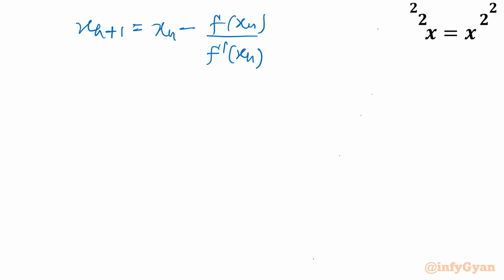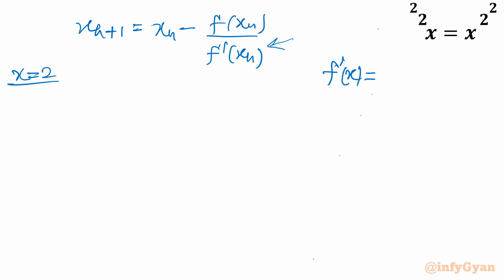Now I will put one base value. Which value should I put? Because the root is between 1 and 2, let me consider x equal to 2. I can put this value, but before that, the derivative is needed. So I will calculate f dash x.